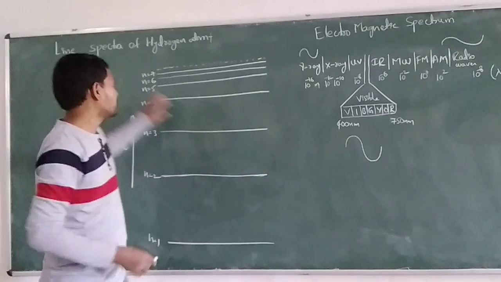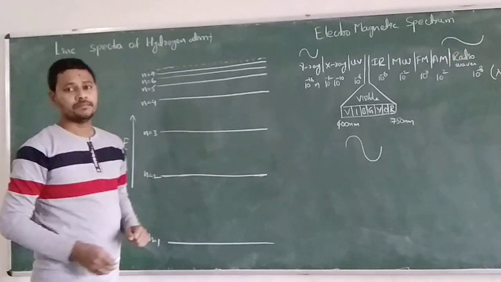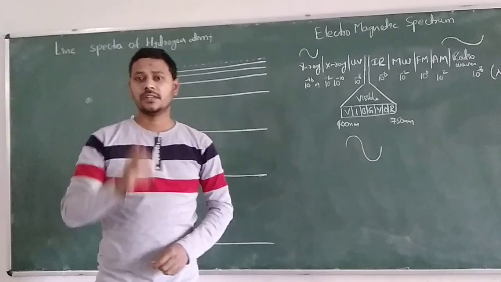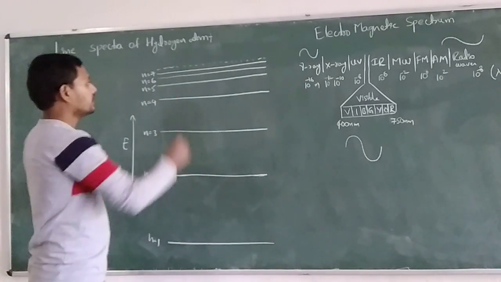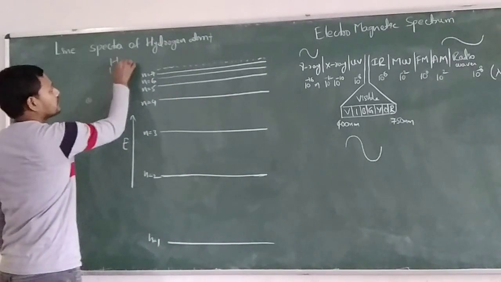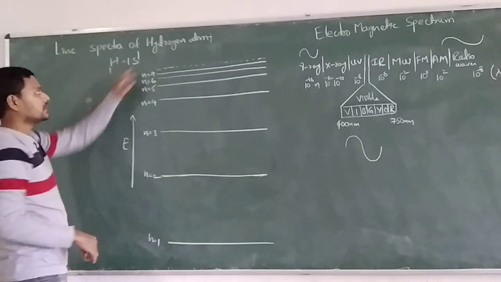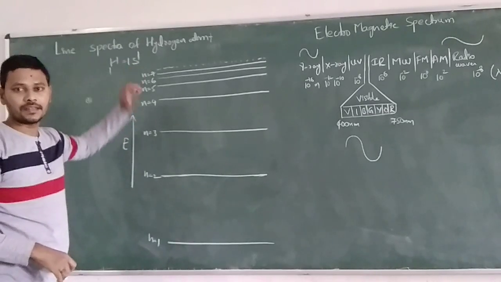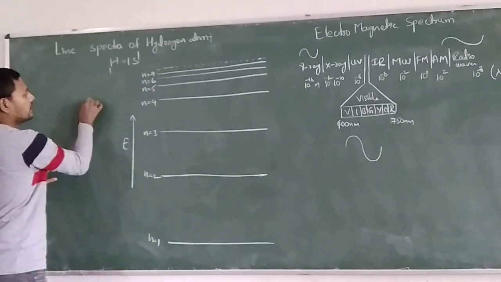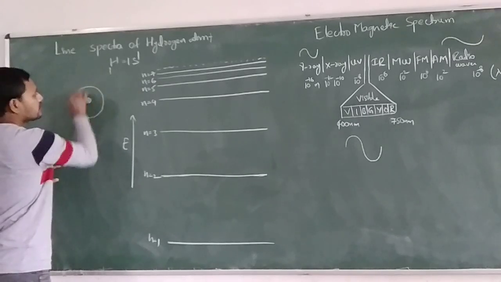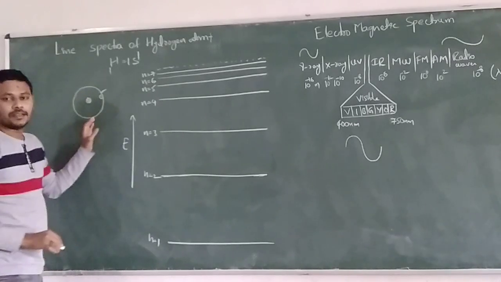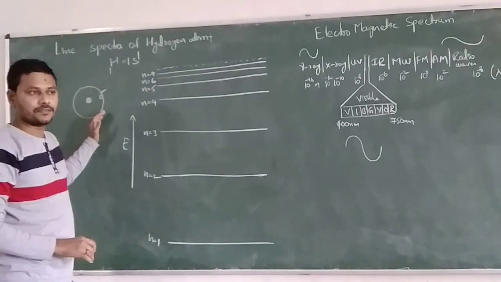Now coming to the line spectra of hydrogen. A hydrogen atom has only one electron, and the electronic configuration is 1s1. So that electron is present around the nucleus in the first shell.